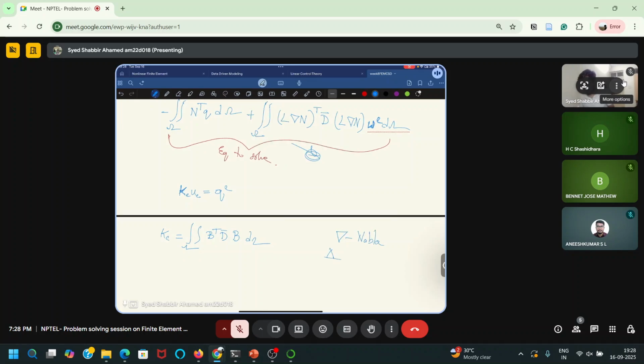Delta is this, and this is nabla. Nabla is something you get while we describe these things. Qe is nothing but this, N transpose q dΩ. So this gives me the nodal force. We is Ue, or We is something which we have to find out.